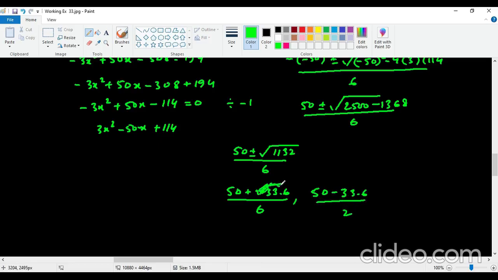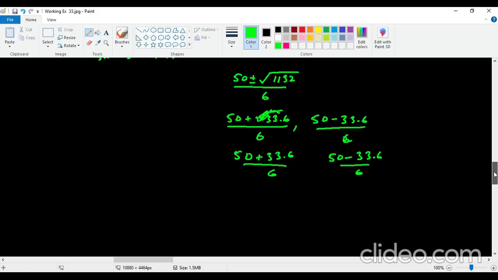This is not there. So 50 plus 33.6 over 6, and this is going to be 50 minus 33.6 divided by 6. So these two values are going to be used.